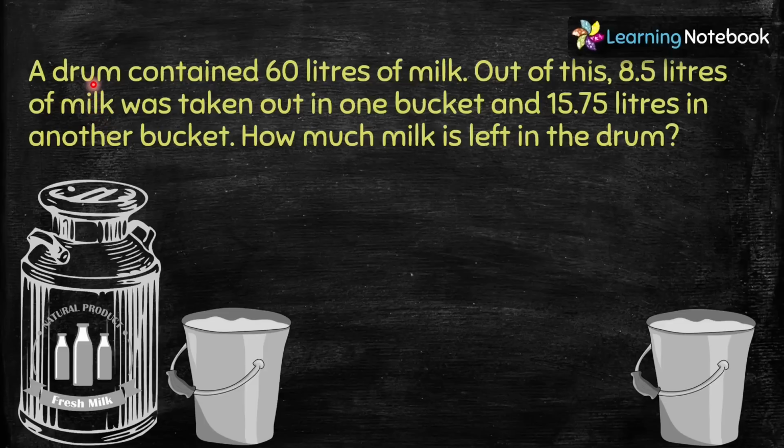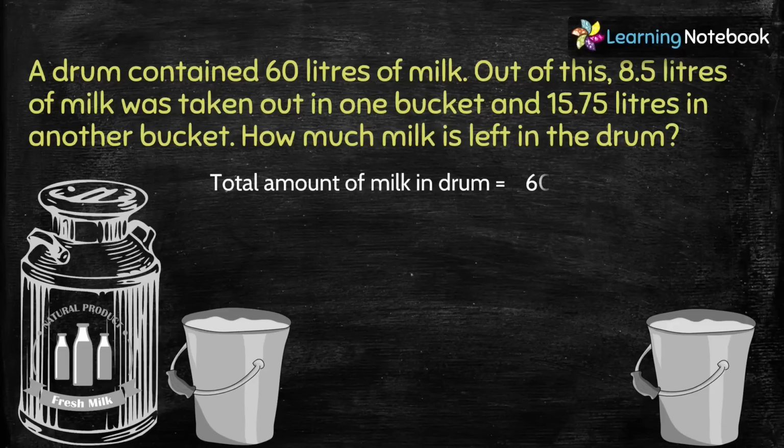There is a drum having 60 liters of milk. Out of this, first 8.5 liters of milk was taken out in one bucket and then 15.75 liters of milk is taken out in another bucket. So we have to find how much milk is now left in the drum. So students, here we will do both addition as well as subtraction. So let's see how to do it.